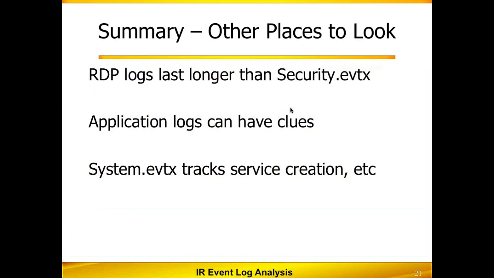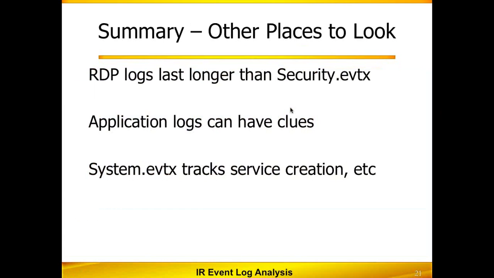There are additional application logs, maybe from third-party applications like Symantec that we saw before, that may give you clues. Those are easier to spot if you put all of the logs into a timeline and read them chronologically. And even the basic system event logs can contain useful things like showing the attacker registering the service for malware persistence, right?